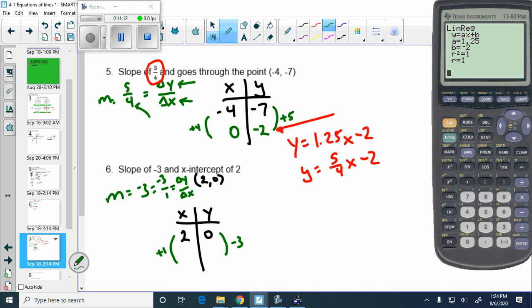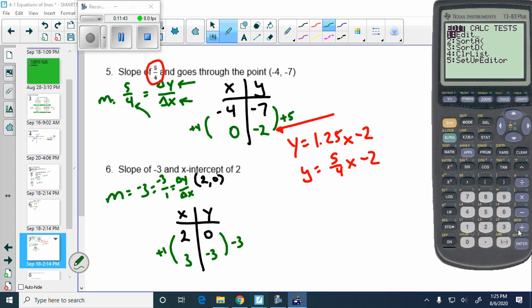It's helpful to write delta y over delta x. That delta, this little triangle symbol, is the Greek D. It's the capital Greek D, and it's delta, and it refers to the change. So in chemistry, you might see a delta T for the change in temperature. So 0 minus -3, this is -3, and 2 plus 1 is 3. So I'm going to take these numbers now and plug them into my calculator.